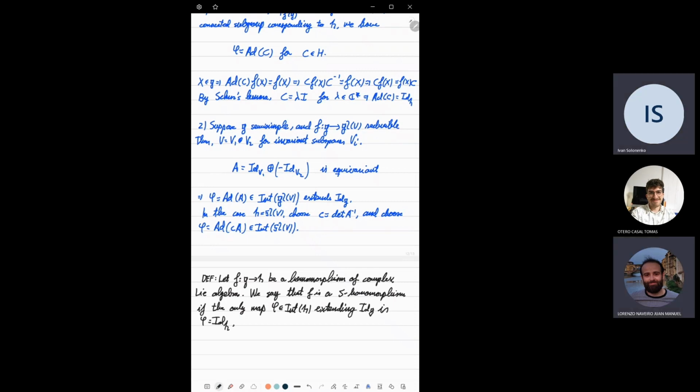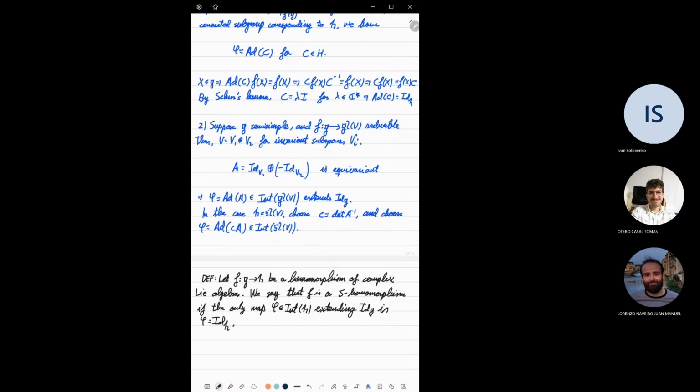Is the fact that it's inner important? It's going to be important because recall that when we are constructing the extensions of our real structures and our involutions, we're always trying to take conjugates by inner automorphisms, because that was the way that we made this correspondence between involutions and anti-involutions.